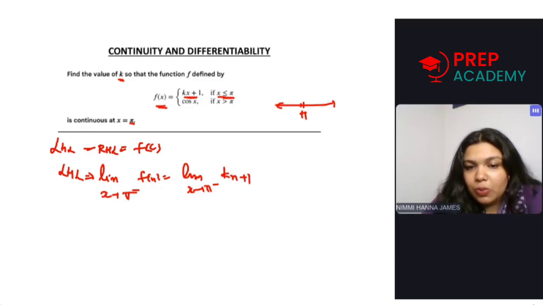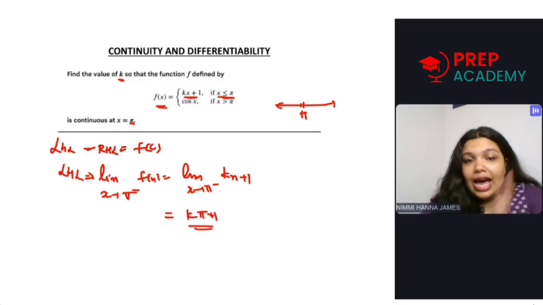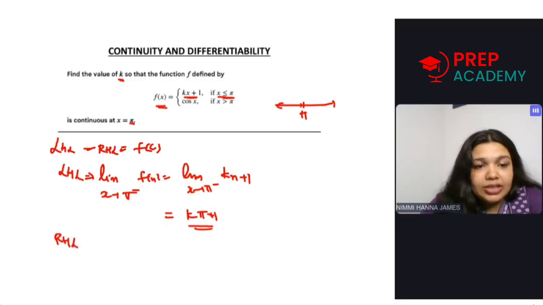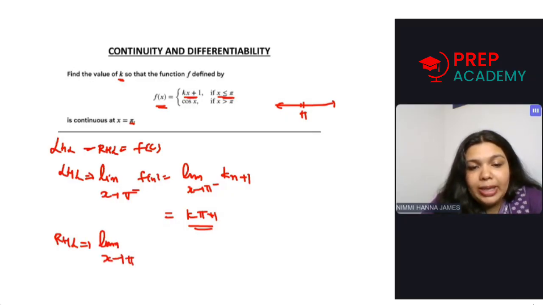Now we apply this pi value, so we get k pi plus 1. So LHL is equal to k pi plus 1. Now moving on to the RHL, we have limit x tending to pi plus f of x.